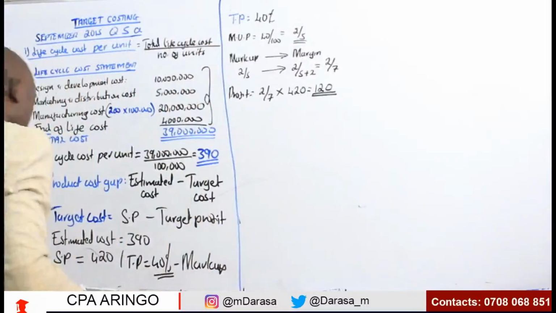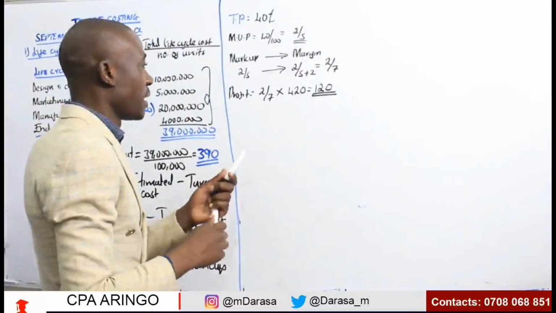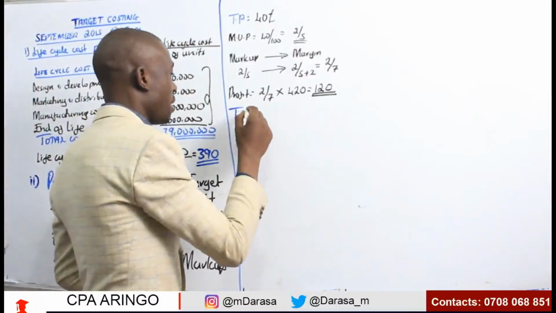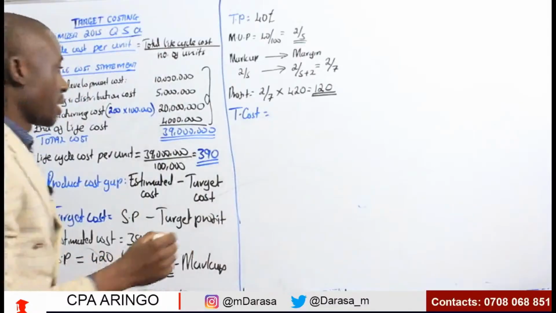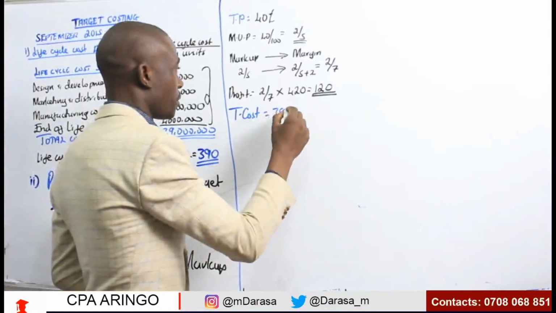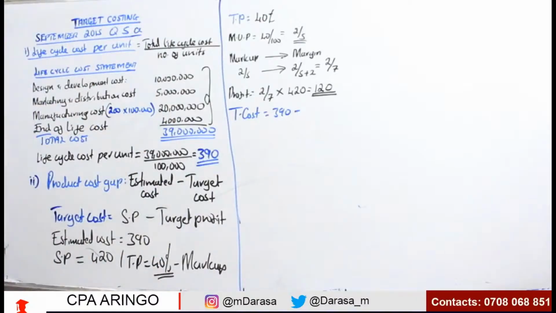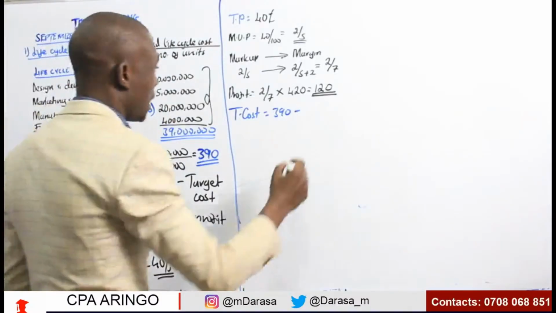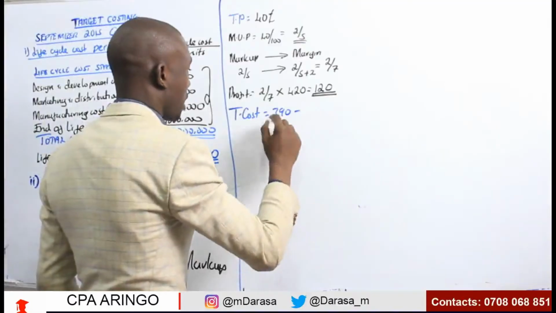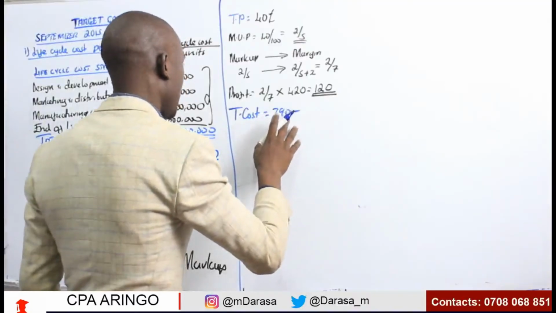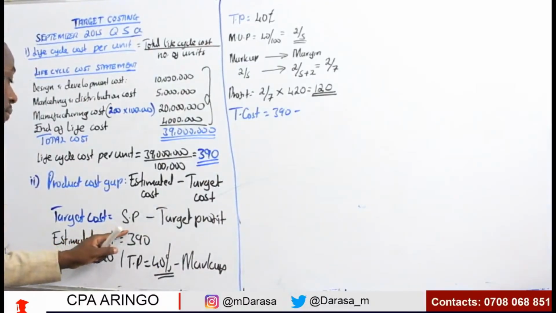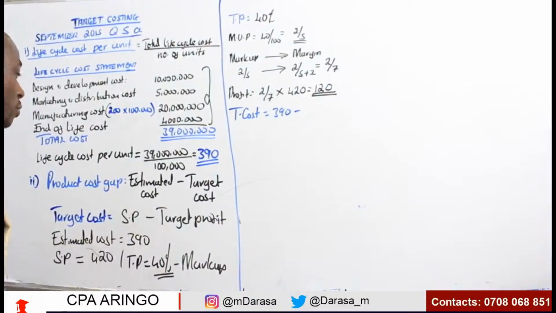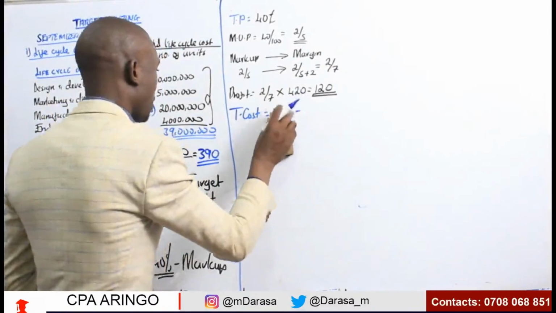So the moment you determine our profit, I can come and determine my target cost. Target cost is selling price minus our target profit.